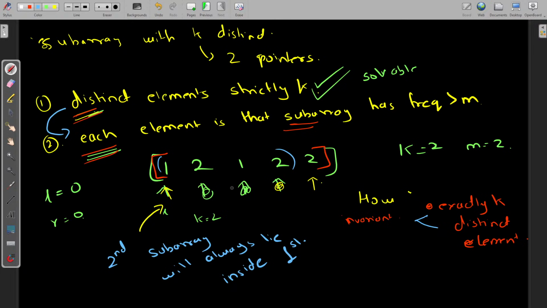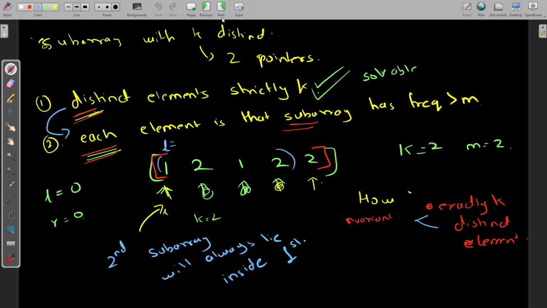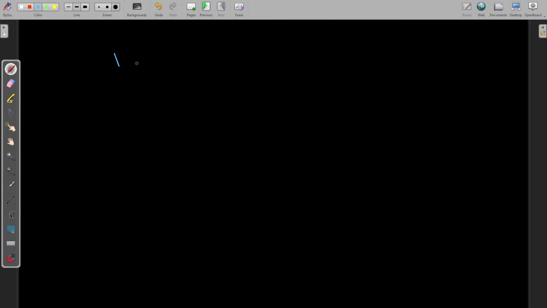So what new observations can we see? Another observation is if I start at any particular L, okay, let's take a bigger test case where we can actually see this clearly. The previous one was 1 2 1 2 2, right? 1 2 1 2 2 1 2 1 2.